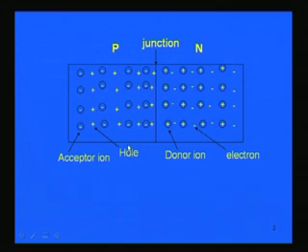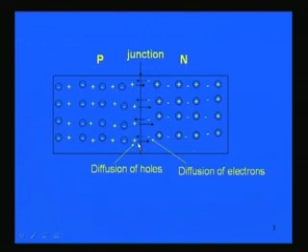Exactly similarly, because of this difference in concentration, the holes will start moving from p type to n type, and this process is called diffusion. So, these holes will be crossing over the junction from the left side to the right side, and the electrons will be crossing the junction from the right side to the left side. This process is called diffusion. So, diffusion of holes and diffusion of electrons will take place whenever you bring a p-n junction together.